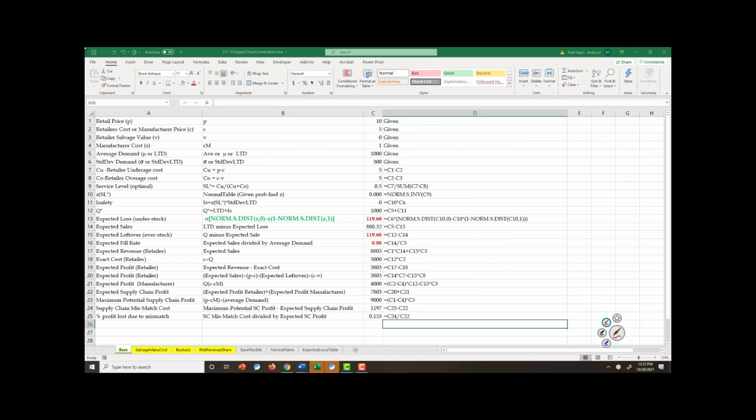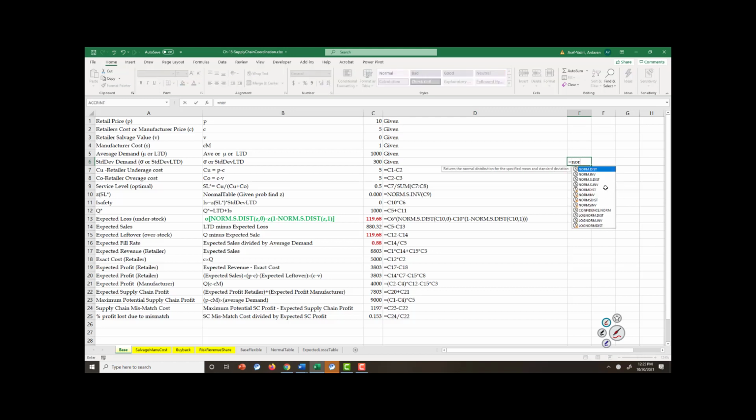If we have probability and want to compute safety stock or reorder point, we have several choices. We can type equal to NORM.INV, and the probability is 50%. Average demand is 1000. Standard deviation is 300. Our reorder point is 1000.